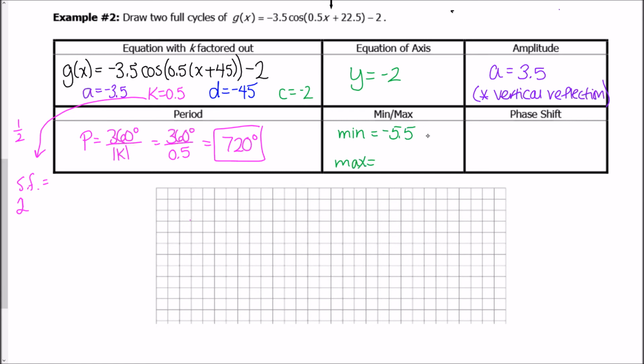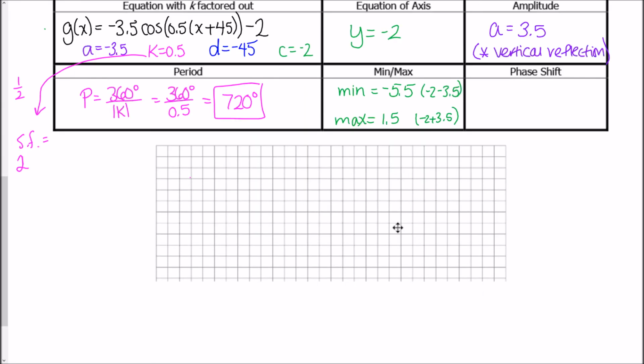And my maximum is going to be negative 2 plus 3.5, which would bring us to 1.5, okay? And then lastly, our phase shift, remember, comes from the d, and it says it's negative 45, so that means that this goes 45 degrees to the left.